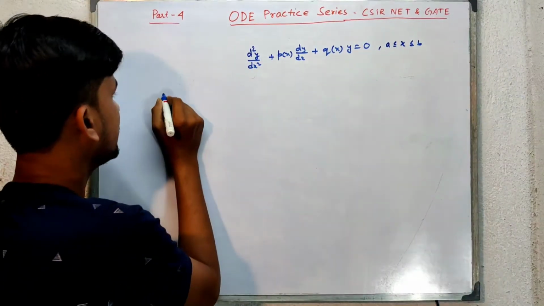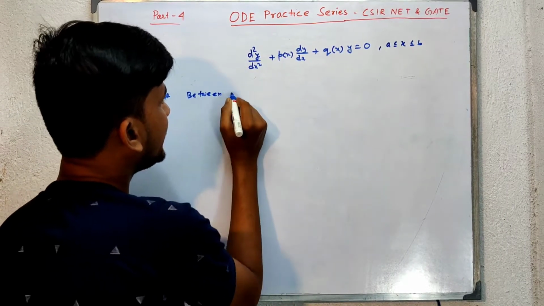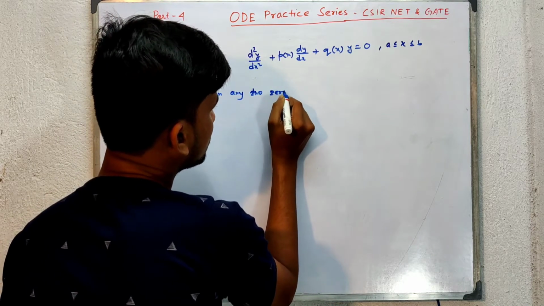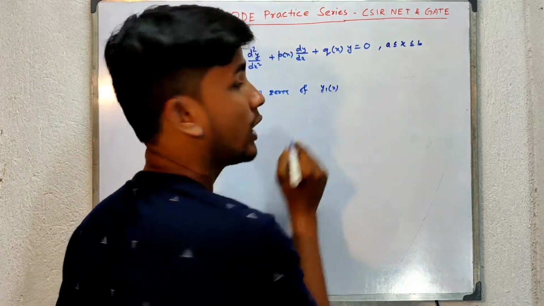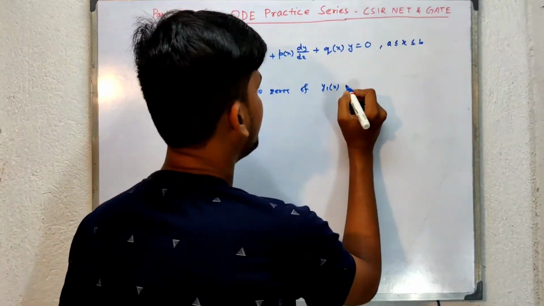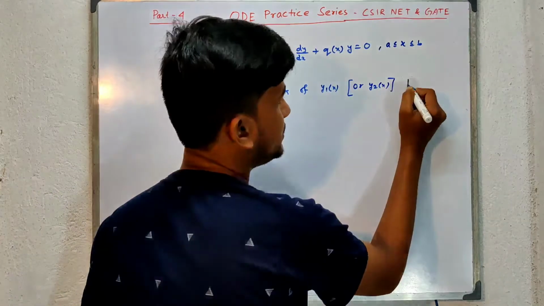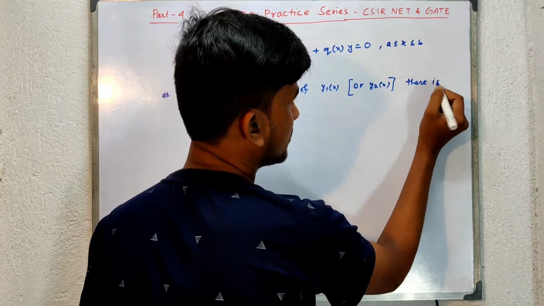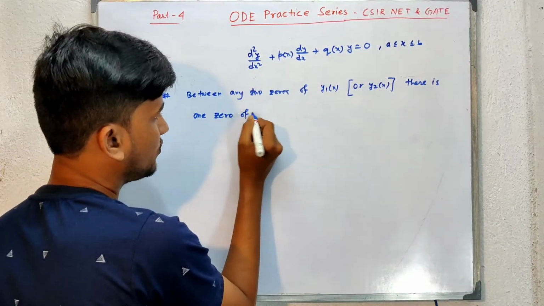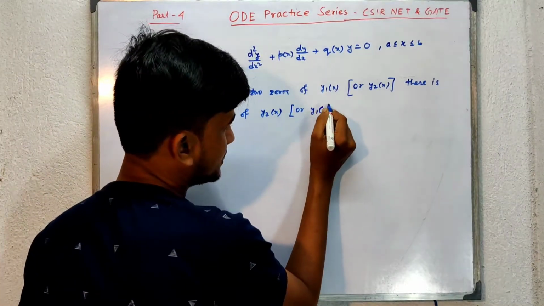Here the concept we use is that between any two zeros of y1(x), since y1 and y2 are fundamental solutions, that means y1 and y2 are linearly independent solutions, between any two zeros of y1(x) or y2(x) there is at least one zero of y2(x) or y1(x). So this is the concept behind these questions.